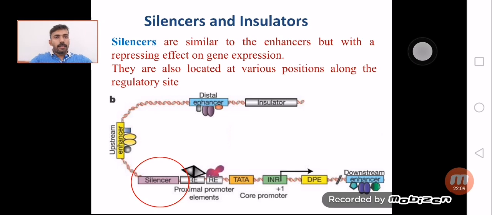Now to silencers and insulators. These are the representative examples of sequences which repress transcription. Silencers act almost similarly to enhancer sequences. They are located at various sites in the chromosome around the gene location, and they have a negative impact.